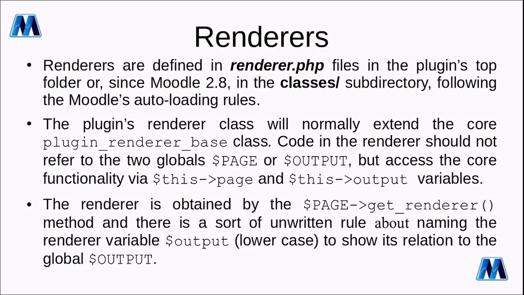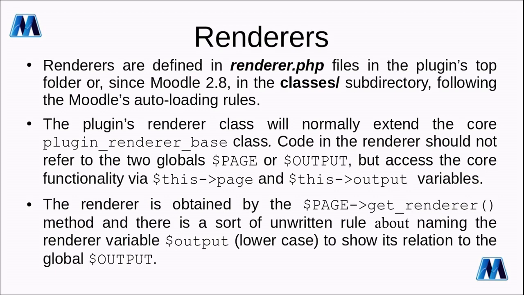The renderer class normally will be extending the core renderer base class, and code in the renderer should not refer to either of the two globals, $PAGE, which we'll be talking about a little later on, and the $OUTPUT variable, but can access the core functionality of those two globals via this variable in the class.